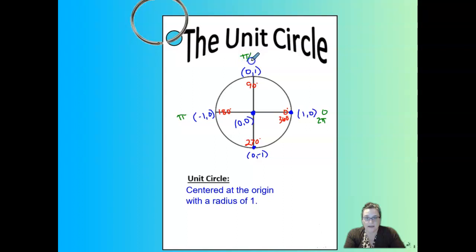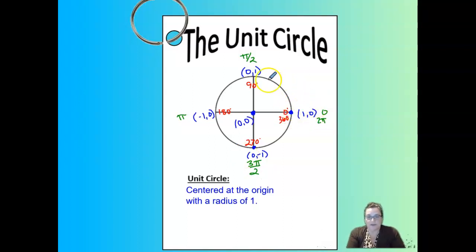So 90 degrees is equivalent to pi over 2. That's 1/4 of the circle. So this is 1 pi over 2, 2 pi over 2, which is pi, then 3 pi over 2, and then 4 pi over 2, which is 2 pi.